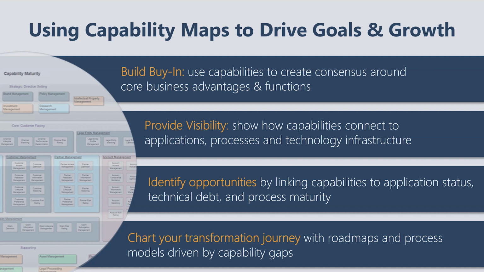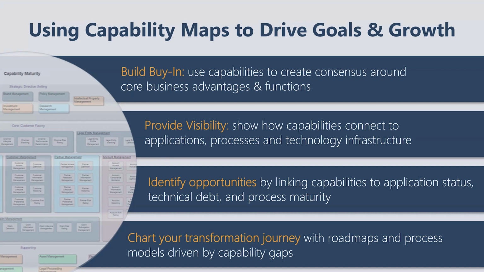We'll also be looking at providing a bit more visibility across the organization, so a common model that people can reference, and also, of course, connecting applications, processes, and technologies to those capabilities. In some cases, we can think of capabilities as really an encapsulation of those different areas and domains.